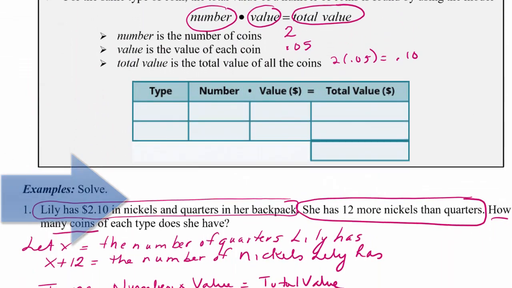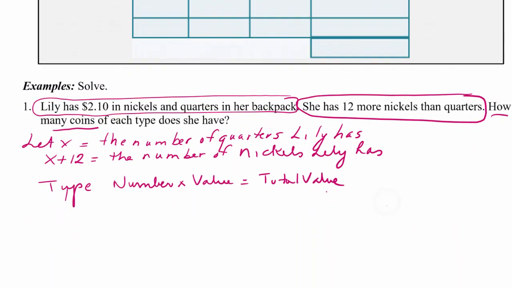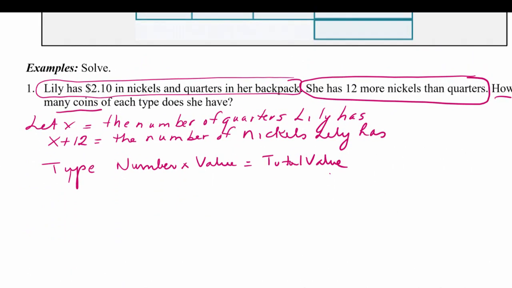So that's what we're recreating here. The types of coins we have are quarters and nickels. The number of quarters is our x. The number of nickels is our x plus 12. That's how we defined it in our declaration statement.